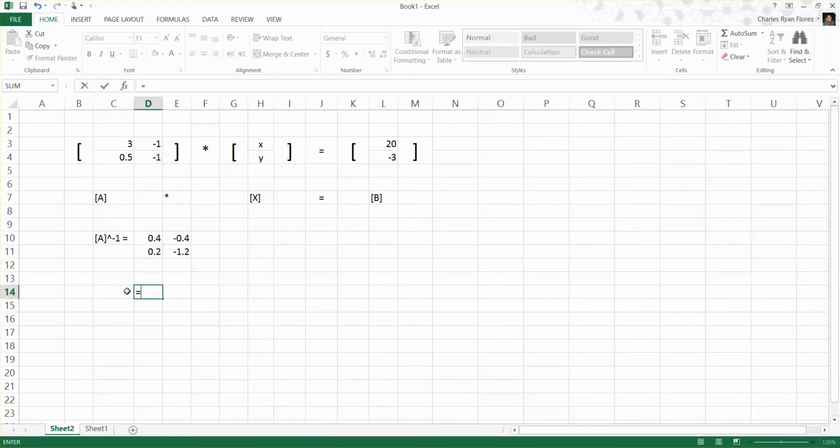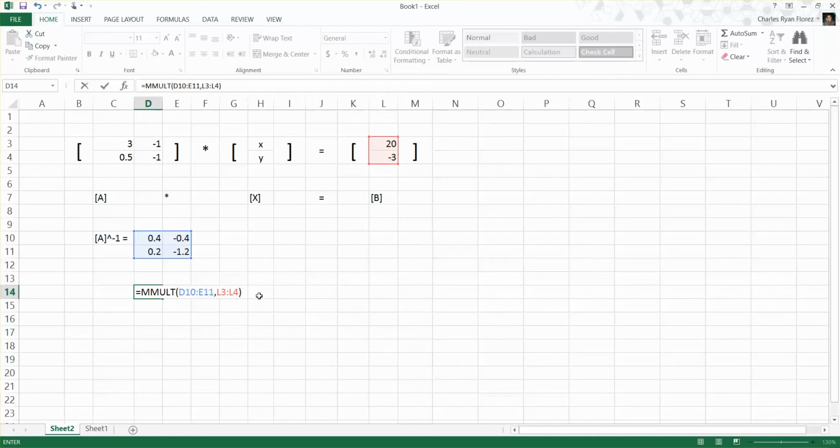The next step is to multiply this inverse by what I'm calling this column, or matrix, B. So I'm going to do MMULT in Excel. My first array will be, sorry, not that one, this one here, your inverse. And your second array would be this one here. For this example, it's going to affect 2 cells.